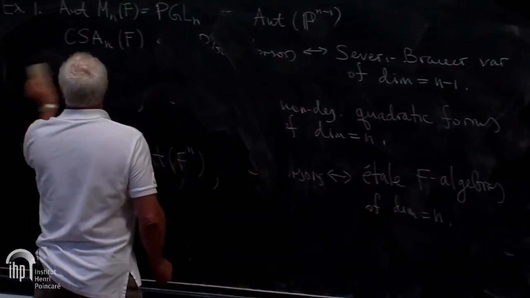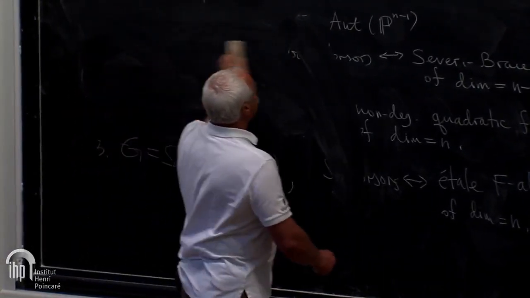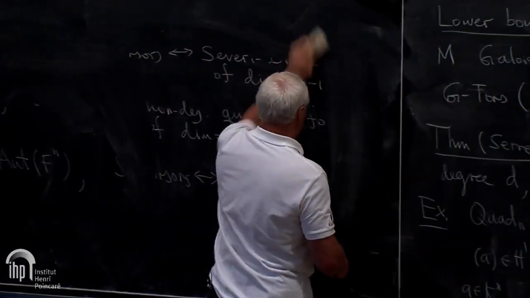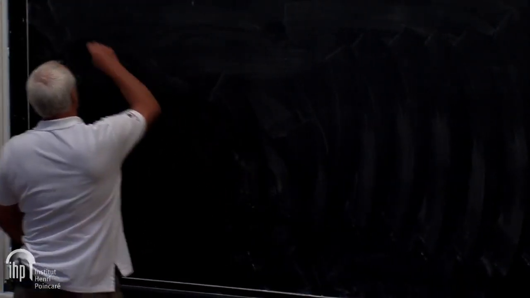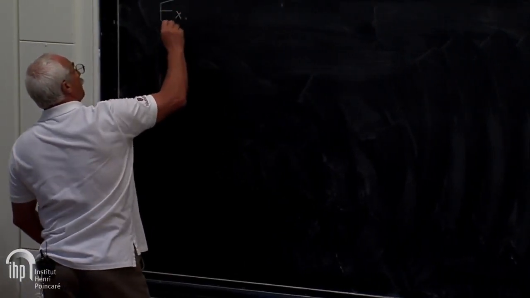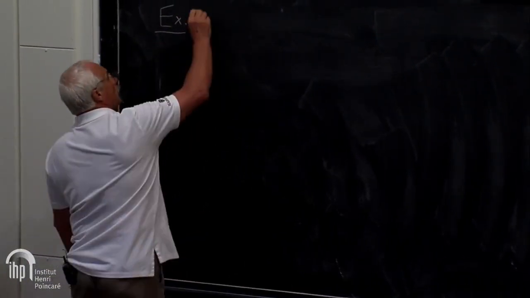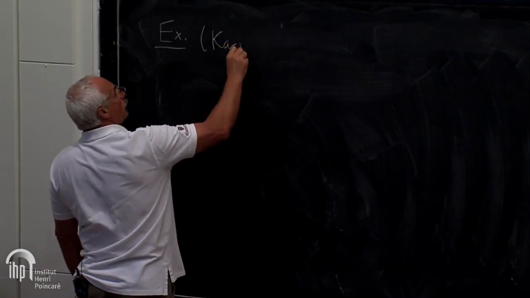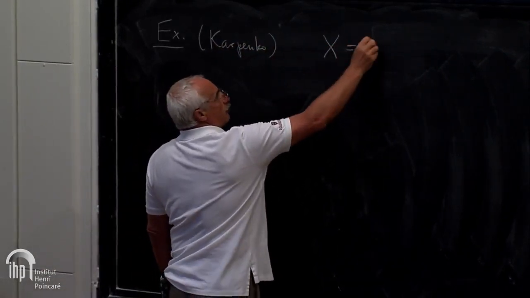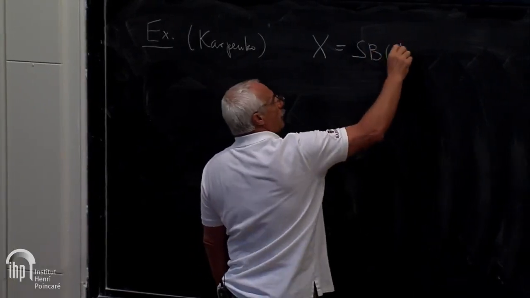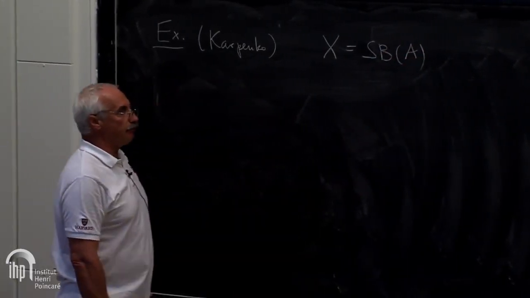Well, example. Actually, it's due to Karpenko. Let's take the Severi-Brauer variety of the algebra A. And then you ask whether it's incompressible.